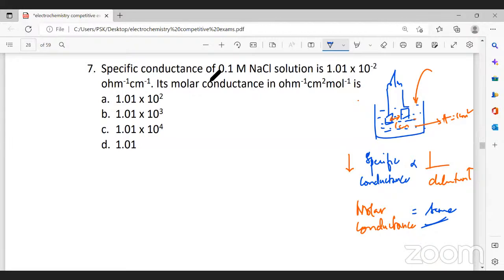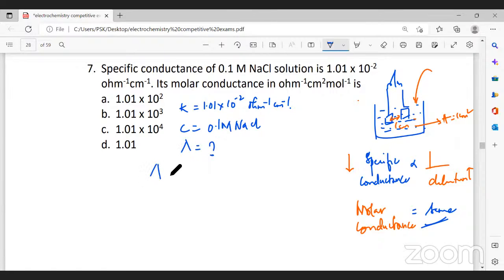Specific conductance of 0.1 molar sodium chloride is 1.01 into 10 to the power minus 2 ohm inverse centimeter inverse. They have given the concentration of the electrolyte, 0.1 molar NaCl, and they're asking you to calculate molar conductance. What's the relation between molar conductance and specific conductance?